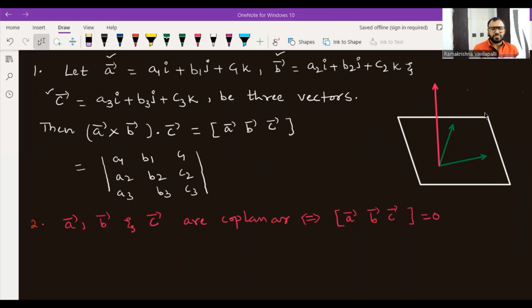So now here I am providing the proof. Proof is quite simple. Coplanar vectors means they must lie on the same plane. Suppose A bar, B bar, C bar are coplanar.